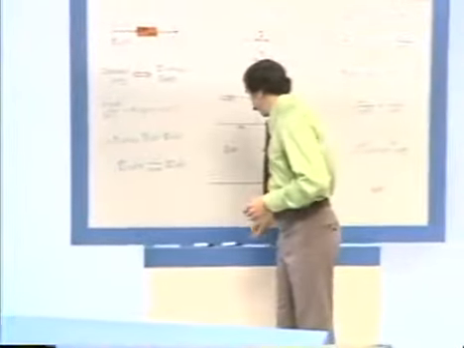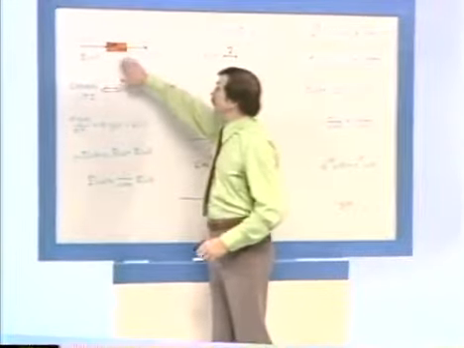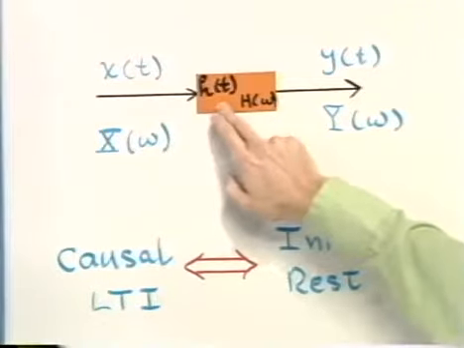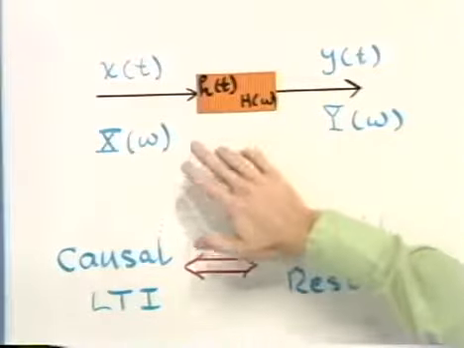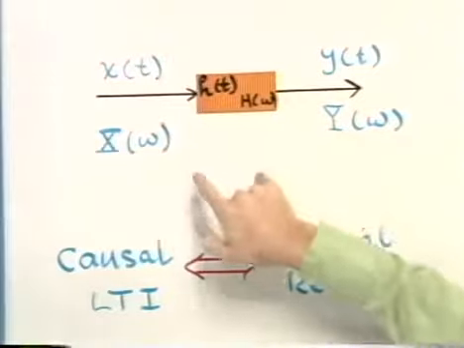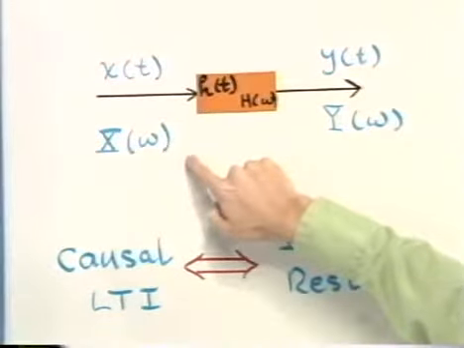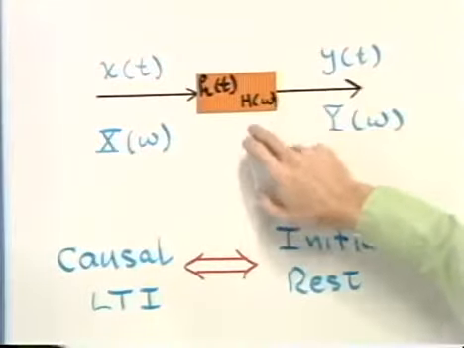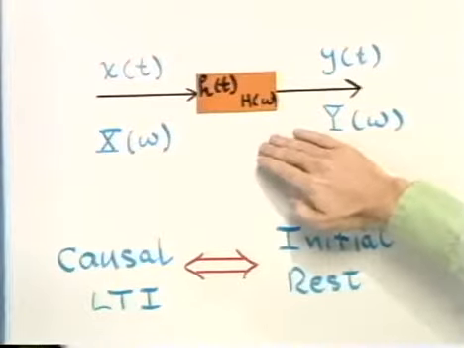Okay, well, what I've indicated is a system with an impulse response h of t or frequency response H of omega. And of course, we know that in the time domain, it's described through convolution. In the frequency domain, it's described through multiplication. And I, in essence, am assuming that we're talking about a linear time invariant system.